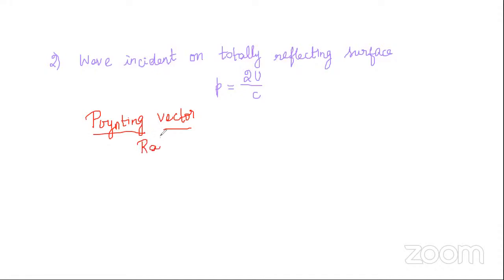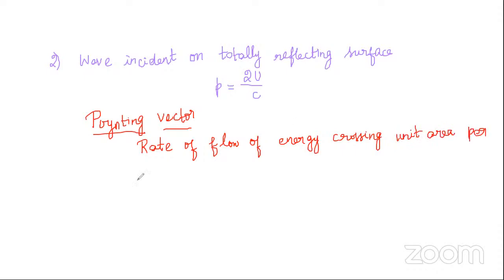It is the rate of flow of energy crossing unit area per unit time at a point. It is called Poynting vector. So that is represented by vector S.